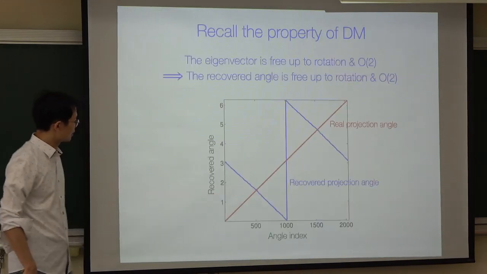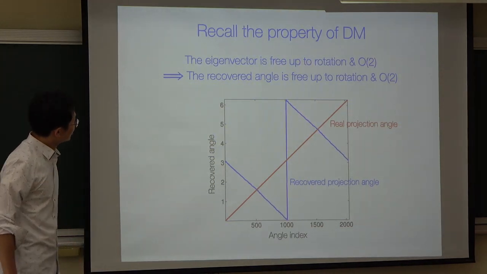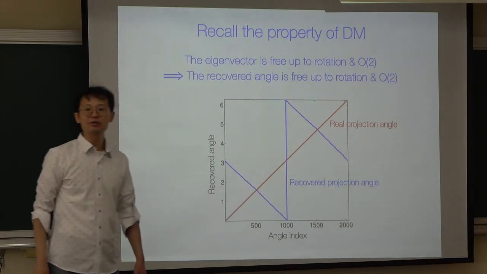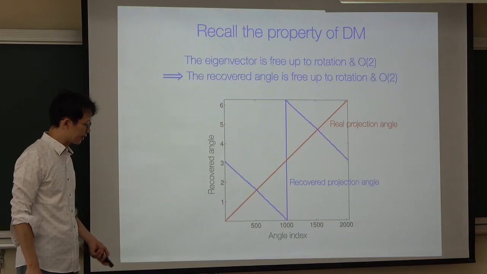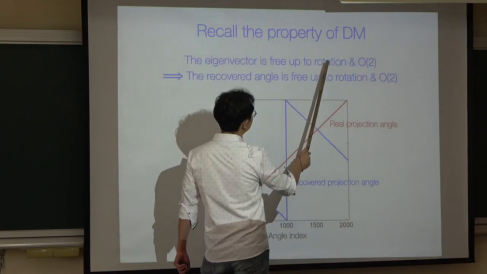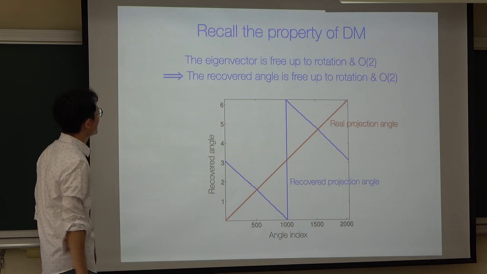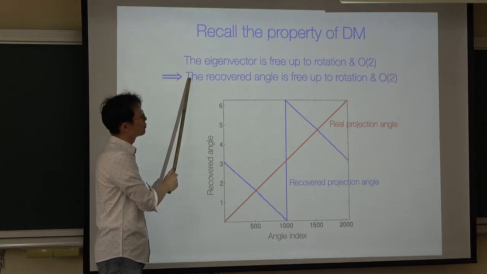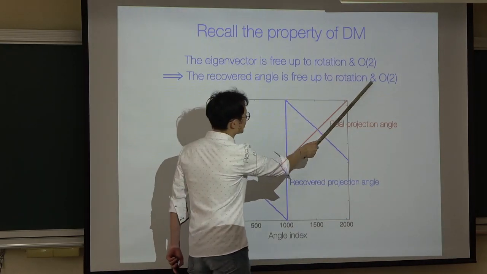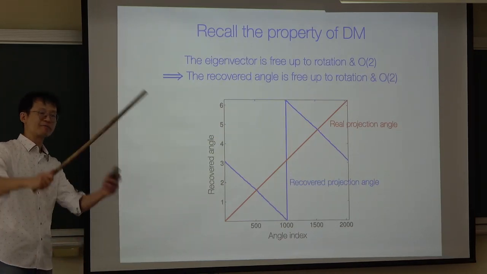The only thing that we cannot recover is the fact that the eigenvectors are free up to rotation and reflection. So this is the rotation, and this is just O2. So what you get will be the recovered angle up to rotation and O2. Not just rotation, but O2, because you also have the reflection freedom.